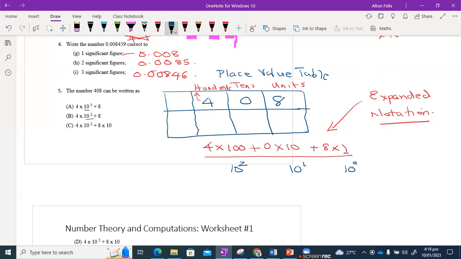So we've seen some patterns here: 10 to the 0, 1, 2. Let's write that as a note here. The 100 occupies the 10 square position. That's 100. The 10s would be 10 to the 1. And the units, we can simply write it as 1, but I'm just showing you it's also equivalent to 10 raised to the power 0. That's something you'll need to remember later on.